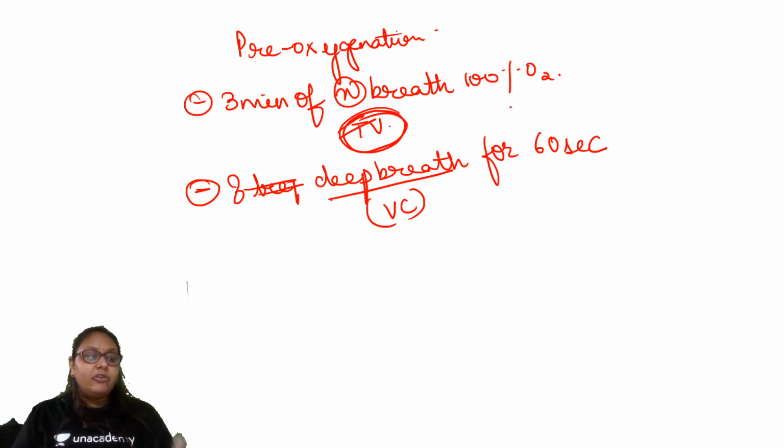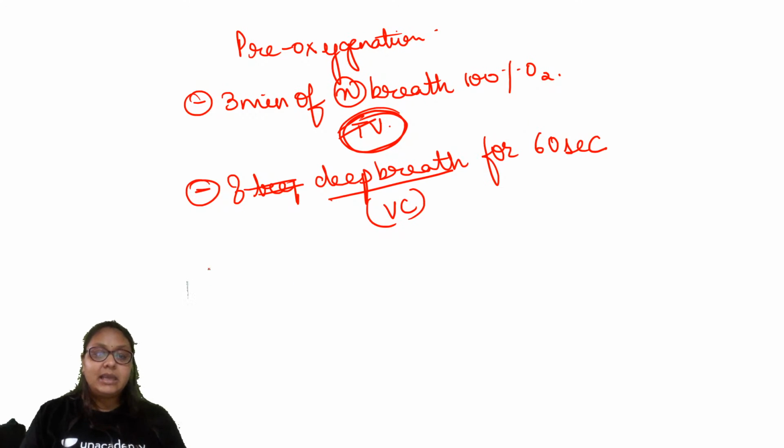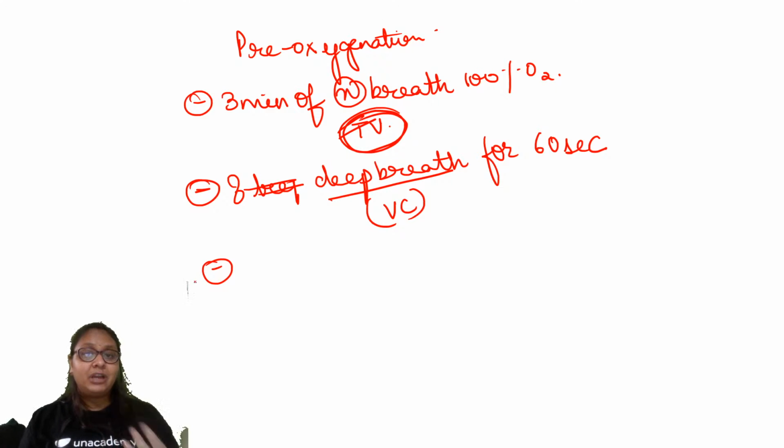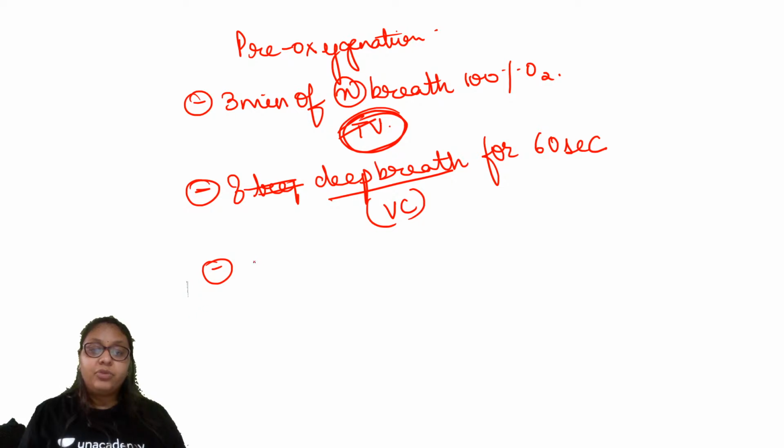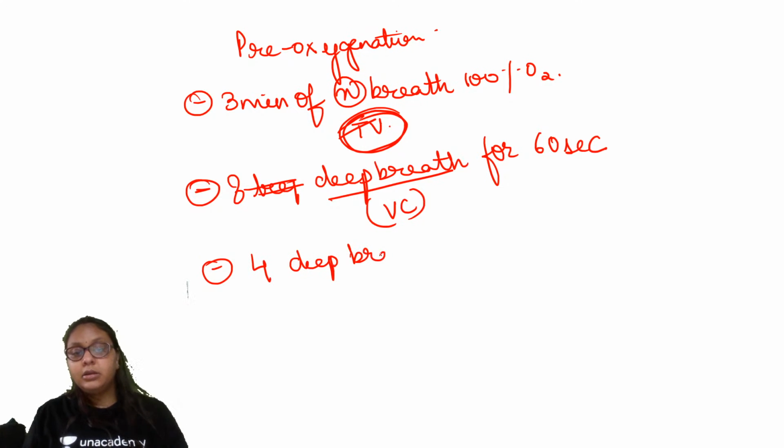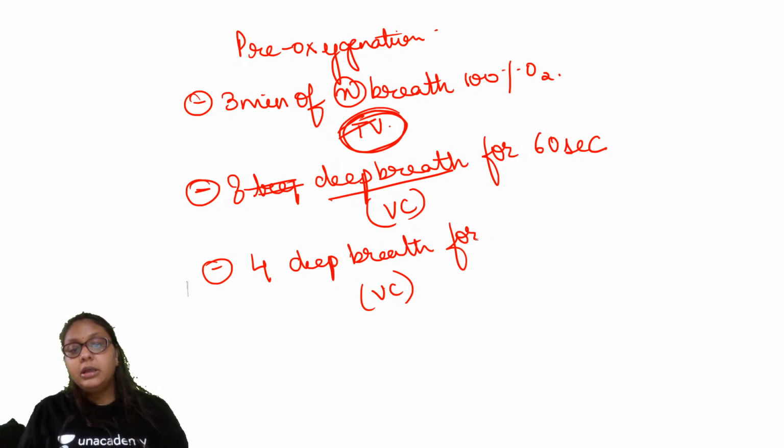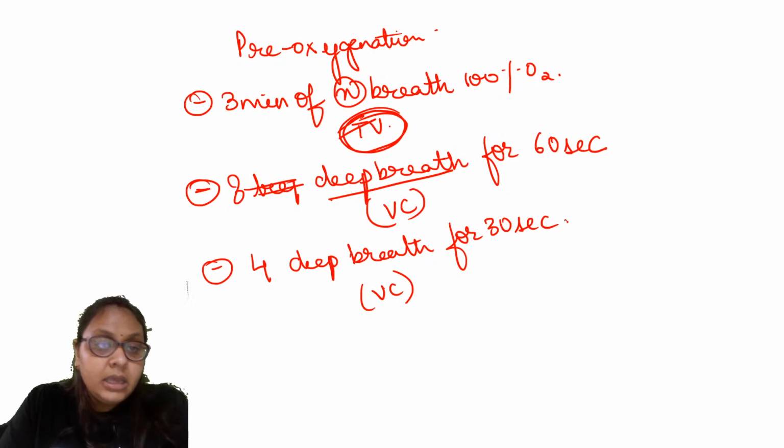The methods of pre-oxygenation, Dr. Kunal: 3 minutes of tidal volume, 100% oxygen, or 8 deep breaths for 60 seconds, that is vital capacity. Or if we don't have time and have to do the procedure quickly, then it is 4 deep breaths, that is vital capacity, for 30 seconds. Is it clear?